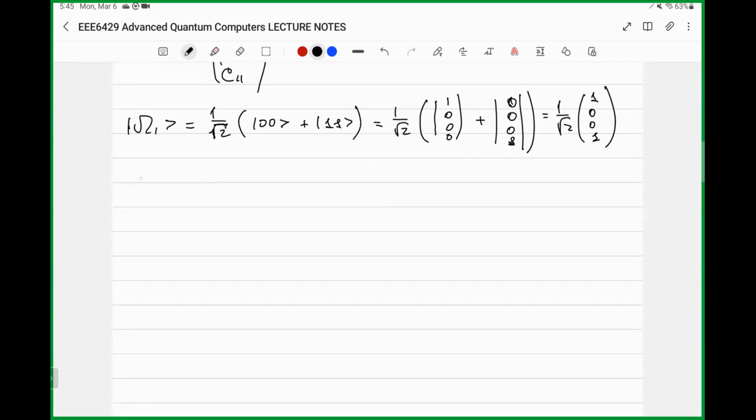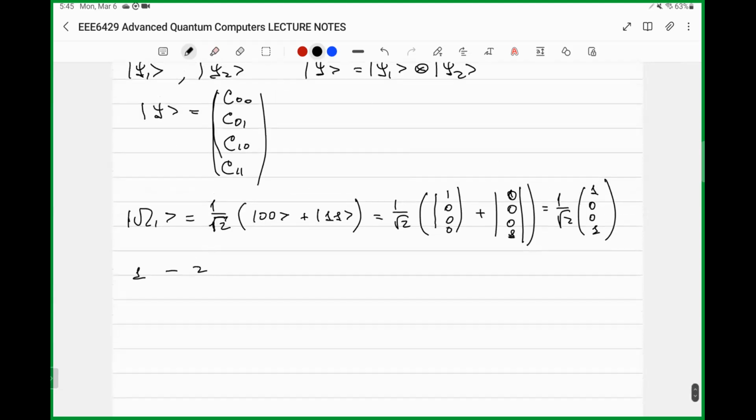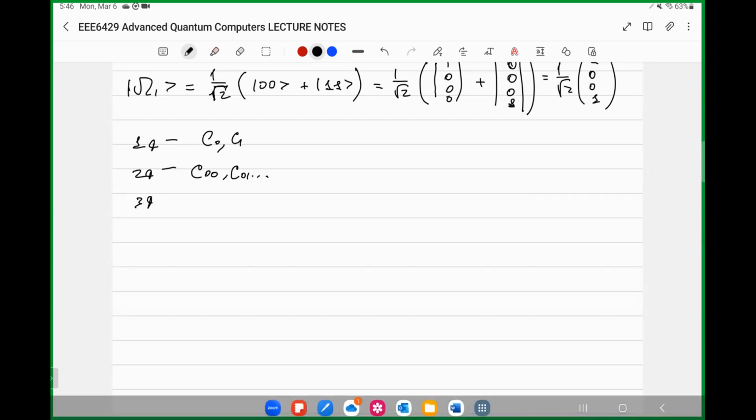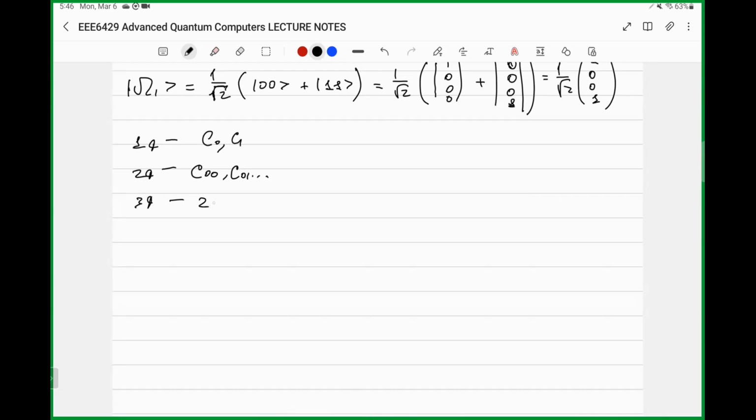So 1 qubit is described by 2 quantities, C0, C1. 2 qubits are represented by 4 elements. Right, 3 qubits, as you can guess, are represented by 2 to the power of 3 elements, which is 8, and so on.